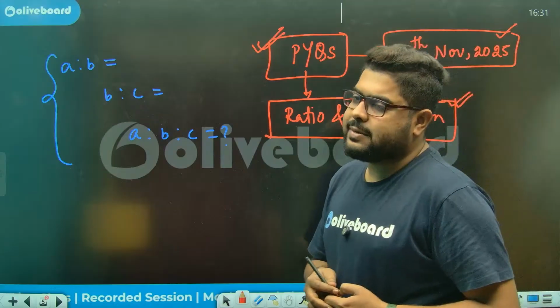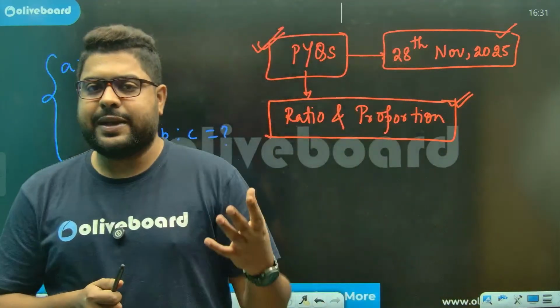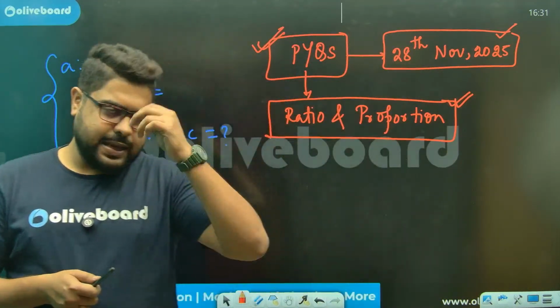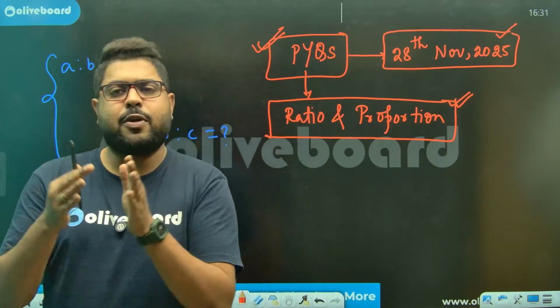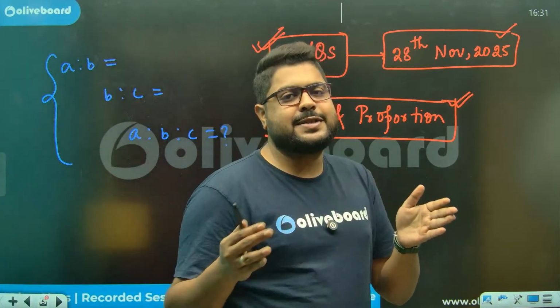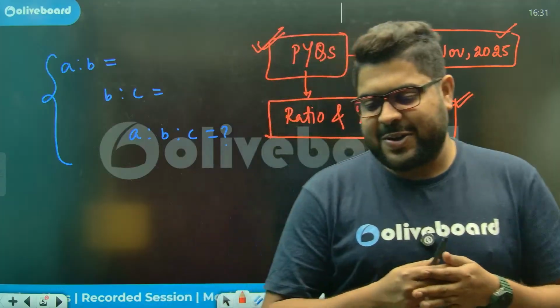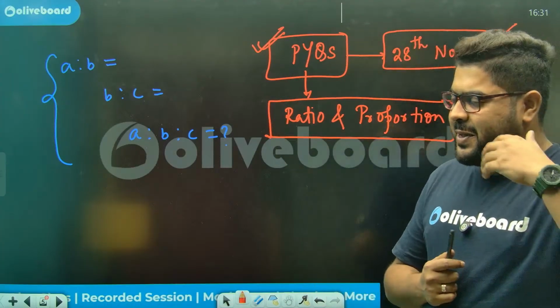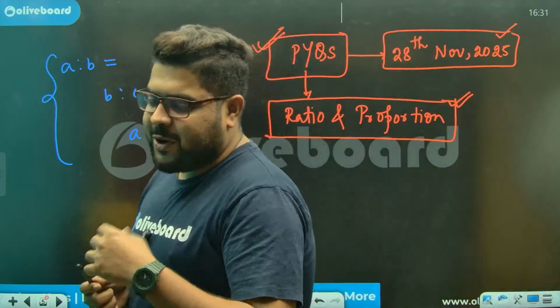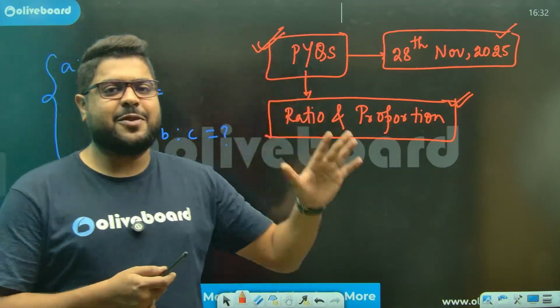Brother, see, again, go for arithmetic and advanced maths, sir. Again, for CGL, CHSL, important topics remain the same. Important topics will not change, brother. And you know better than me, many shifts have already occurred.